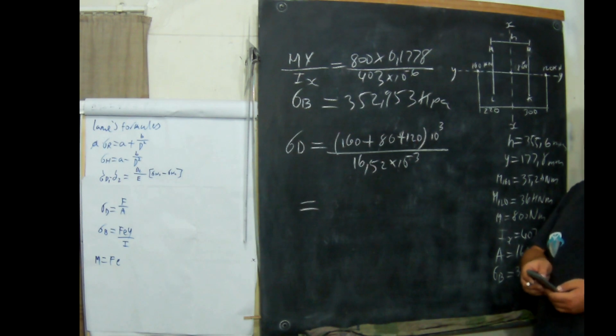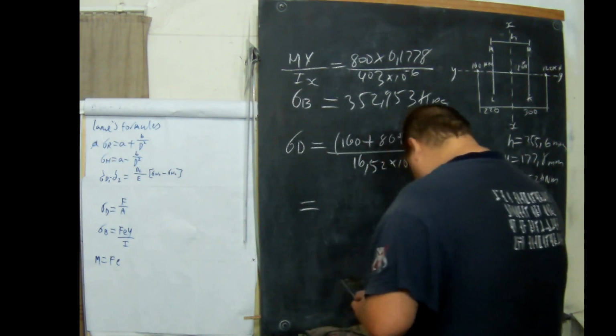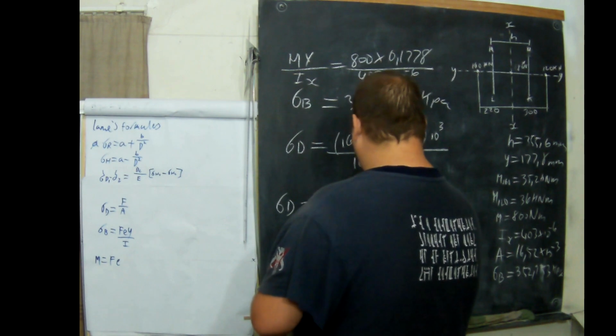In the bracket, 160 plus 80 plus 120 times 10 to the 3, all over 16,52 times 10 to the minus 3, and this equals 21,792 kilopascals.